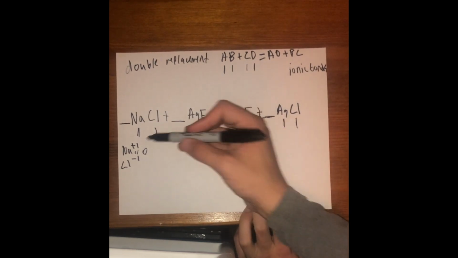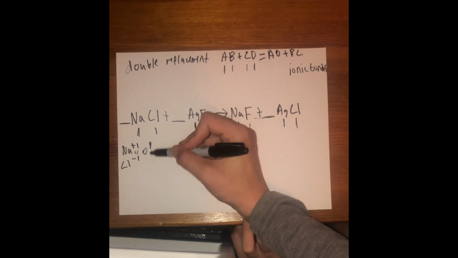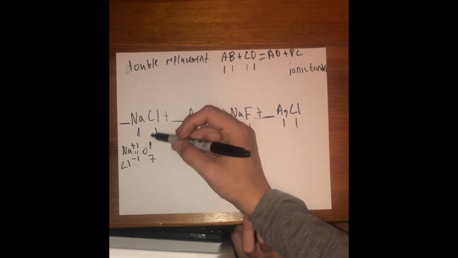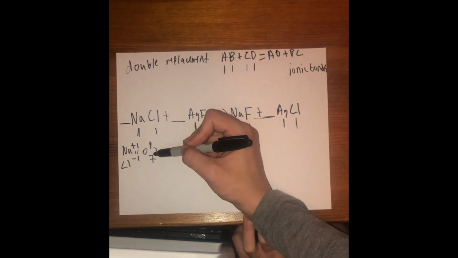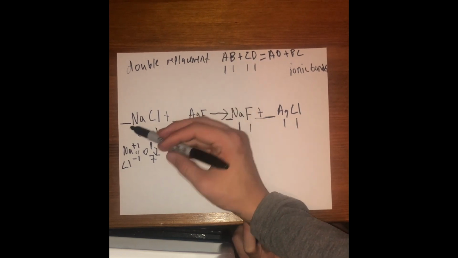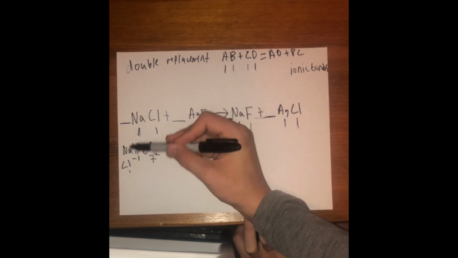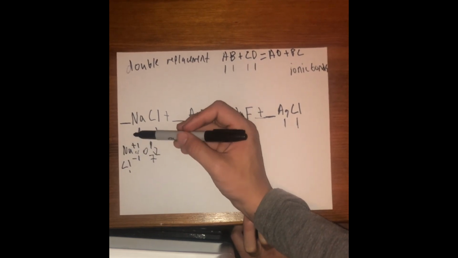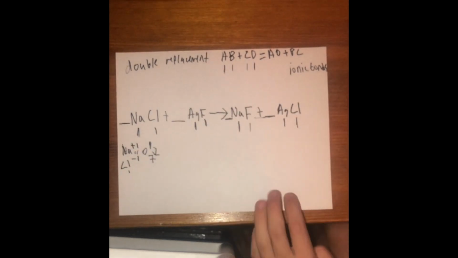With valence electrons, it would be 1 valence electron with 7 valence electrons. And instead of sharing, the sodium transfers the 1. So that's why this is a +1 and a -1. The chlorine receives the electron from sodium, and chlorine follows the octet rule.